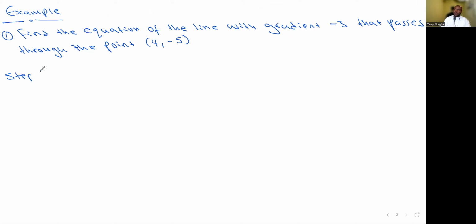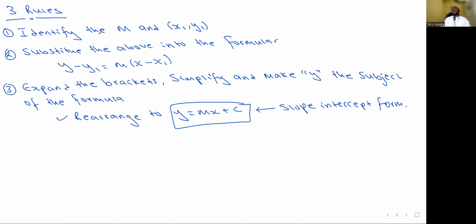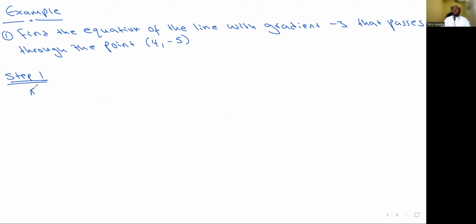Then we have to use this method. The first thing we have to do is to identify the m and the x1, y1. So the m is equal to minus 3. The x1 is equal to 4. And the y1 is equal to minus 5.